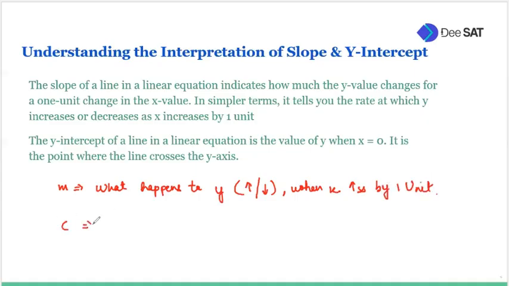Similarly, c, the y-intercept, is nothing but the value when x is 0, and it is also called the initial value.